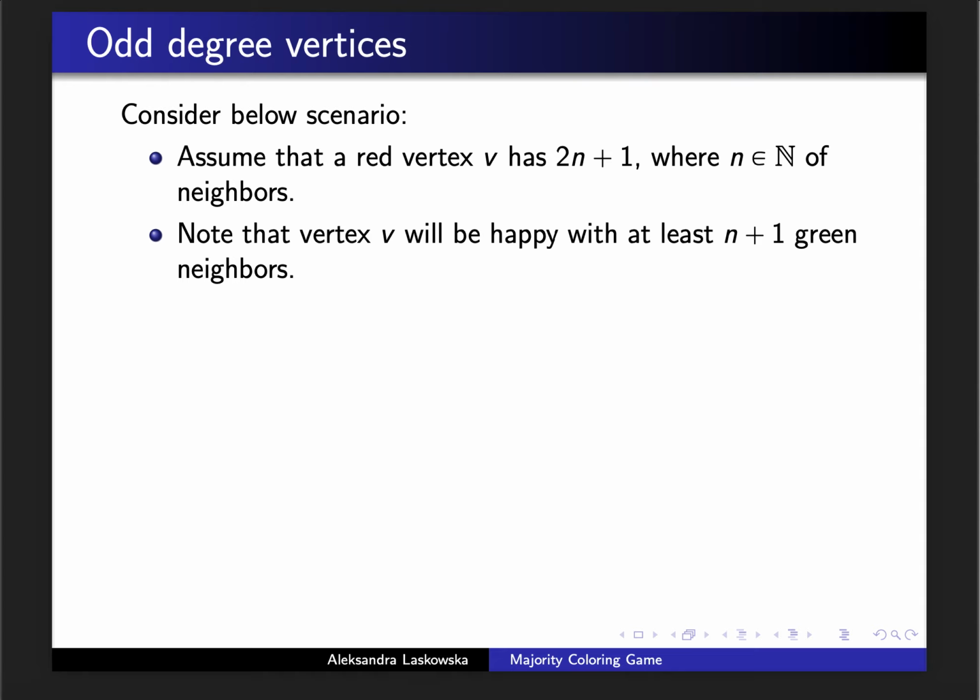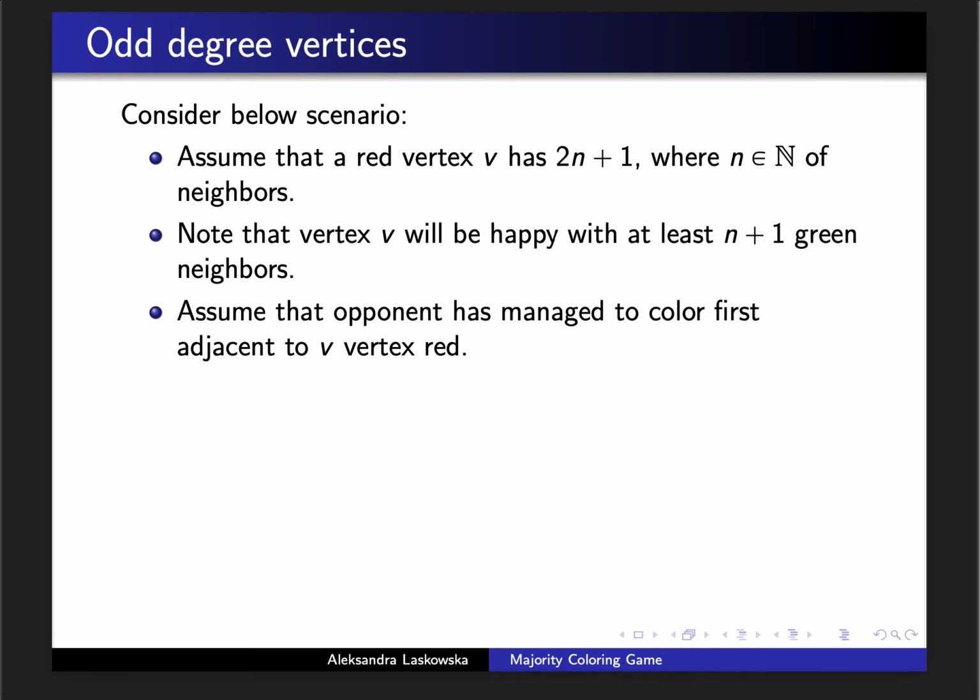So V will be happy when at least n plus 1 of its neighbors are green, right? Remember, we can only use green color, and our opponent uses red color only. And so, for example, if V has 3 adjacent vertices, we need 2 of them to be green to make V happy, right? At least half of them. So in this case, n plus 1.